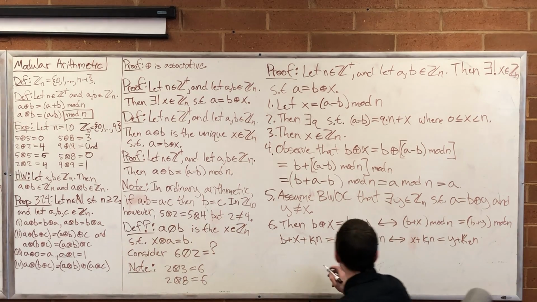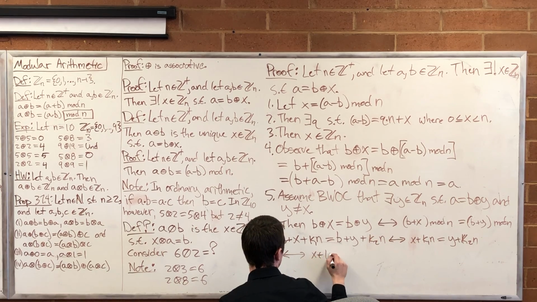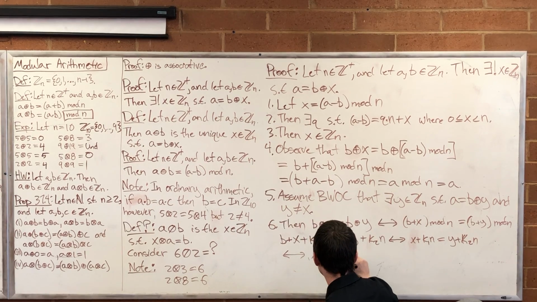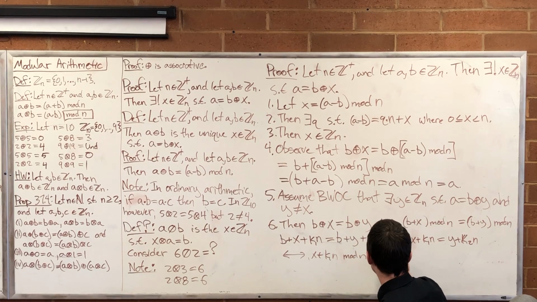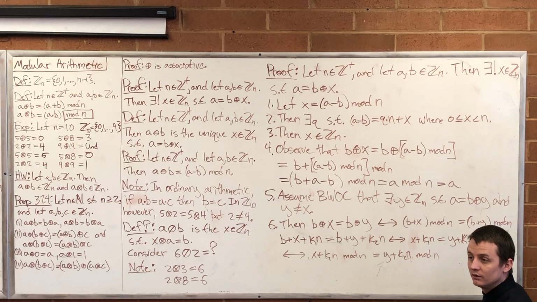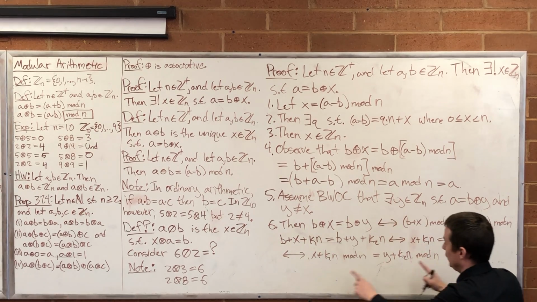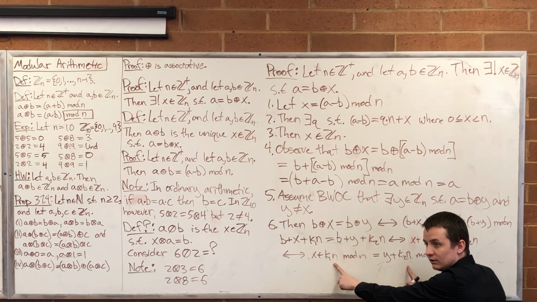So then that gives us that x plus k1 n mod n, we don't need parentheses there, is equal to y plus k2 n mod n, right? If these two numbers are the same number, then their remainder when I divide by n is the exact same number, right?